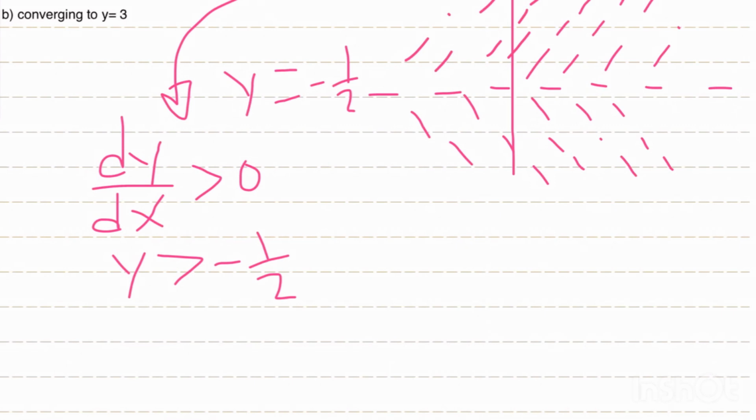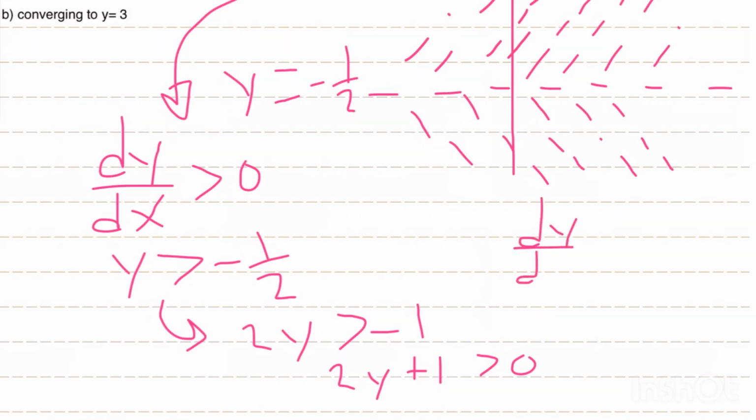So we could rearrange this to be 2y is greater than negative 1, and then 2y plus 1 would be greater than 0. And since dy/dx is also greater than 0, we can just say dy/dx is equal to 2y plus 1. So a is 2, and b is 1.